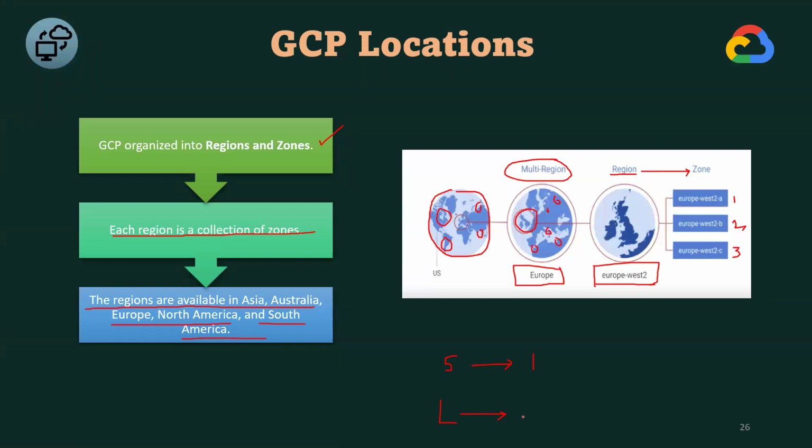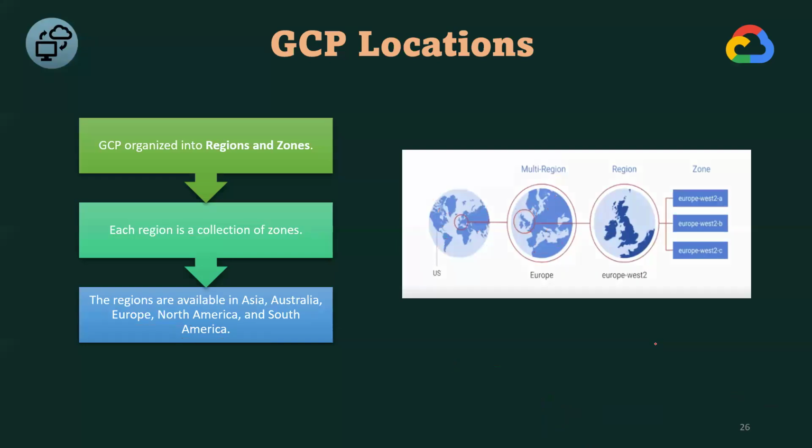Suppose we pick one location out of the five locations. One location is further divided into multiple regions. And if we select one region from this multi-region, then this one region has multiple zones. Correct.